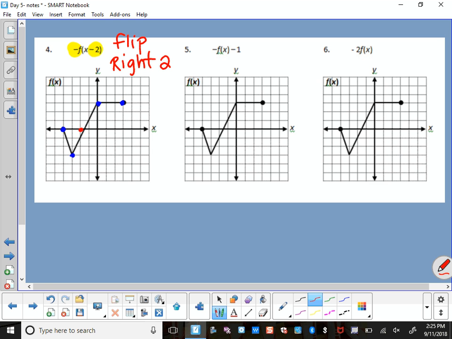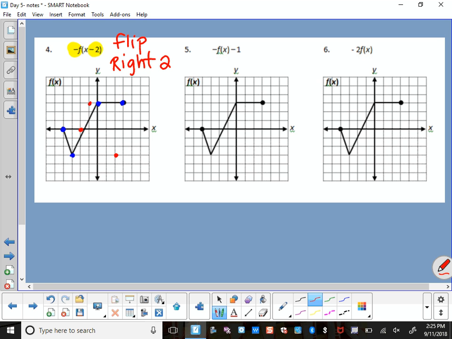My second point, I need to flip it, right? It's already down 3, so let's go up 3. But I'm not done, I go to the right 2. 1, 2. My third point is up 3, so I'm going to go down 3, and then to the right 2.